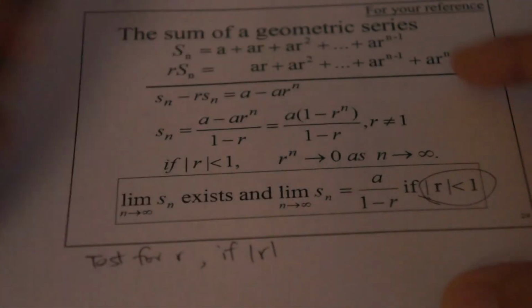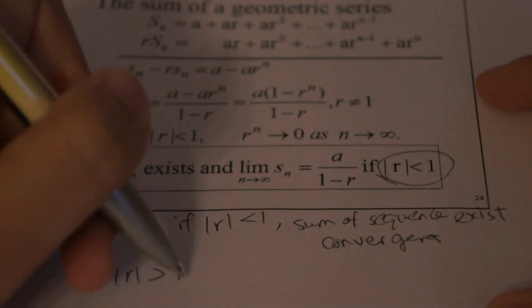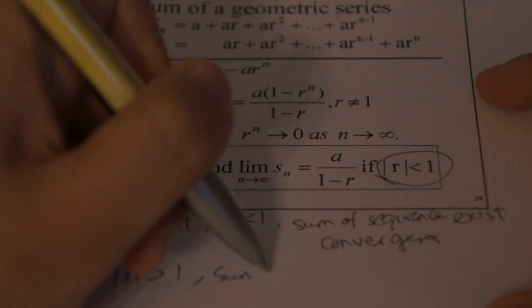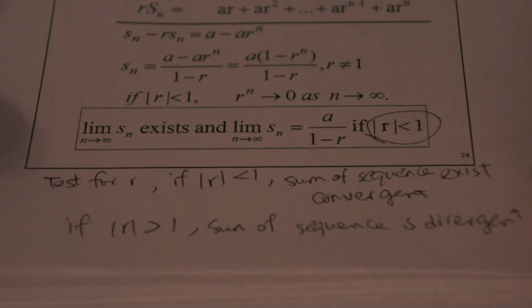If the absolute value of r, no matter if it's positive or negative, is smaller than 1, then the sum of the sequence exists, which means convergent. Okay, if the absolute value of r is larger than 1, the sum of the sequence is divergent.